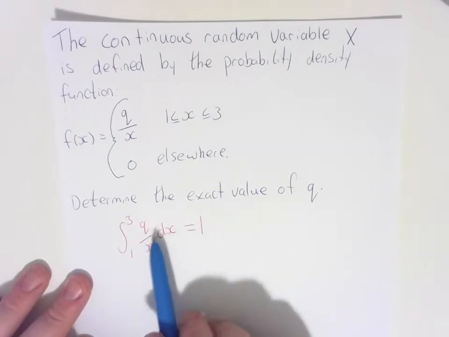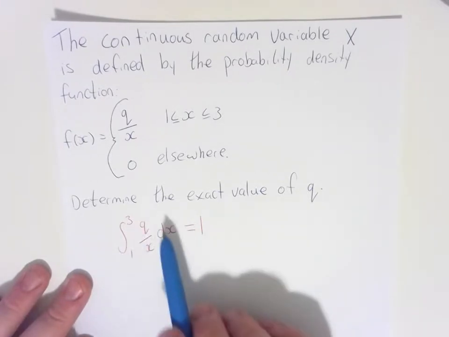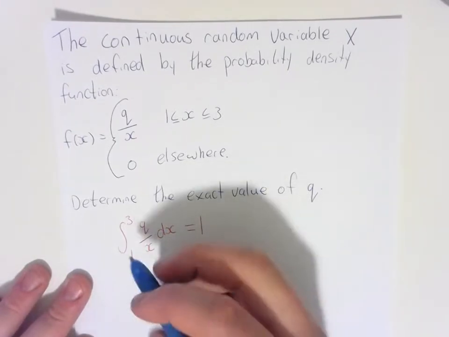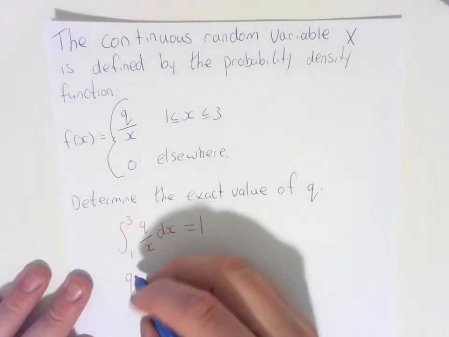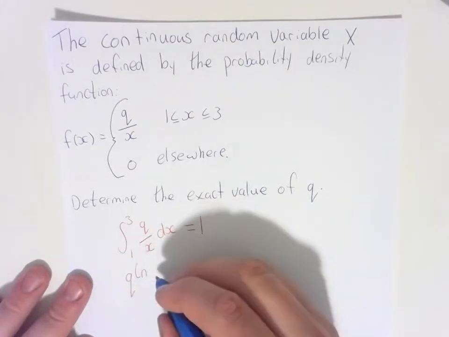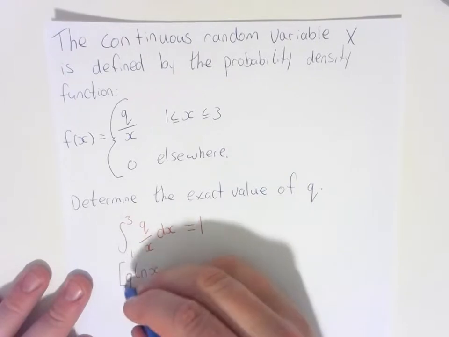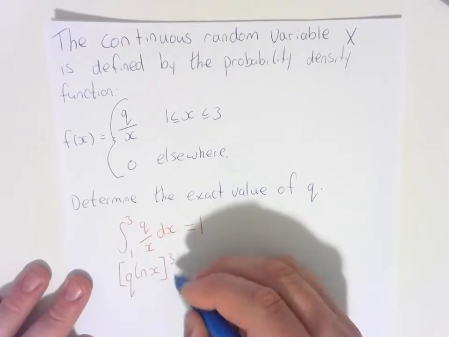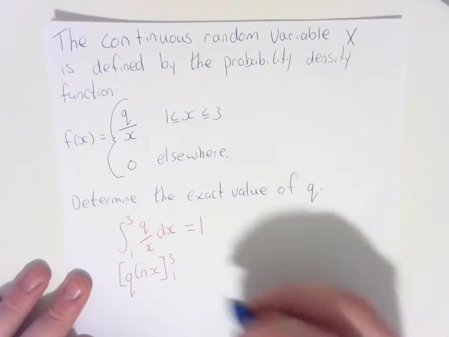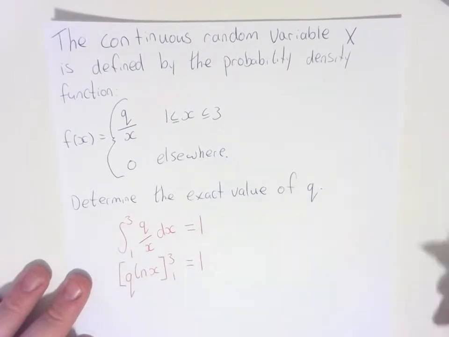Now the integral of q on x is just q ln of x, and then we substitute in our 3 and 1, and again that is equal to 1.